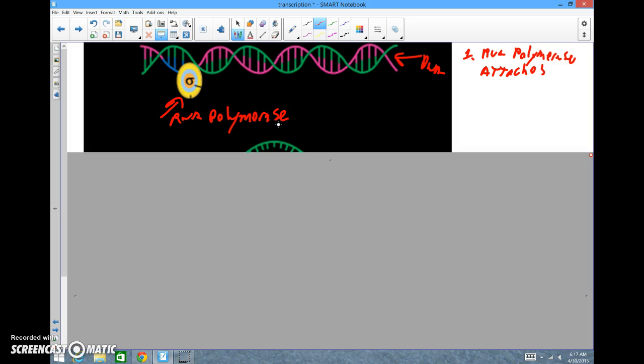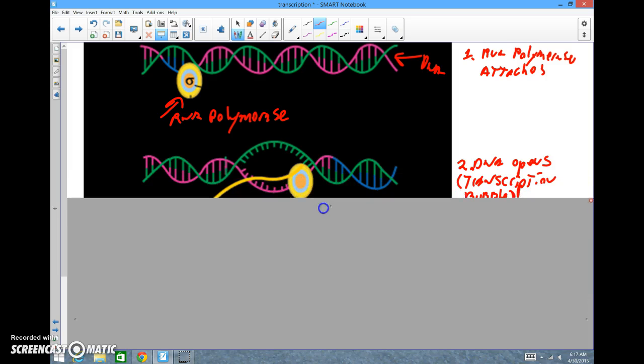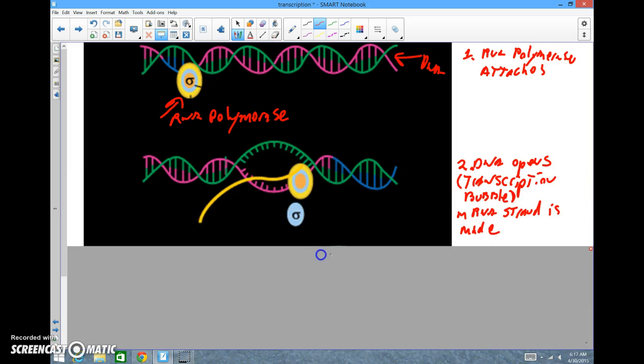Now, there are sections of your DNA that are entirely codes that simply let RNA polymerase know where to attach. We call them promoters or initiation regions. And that's not really key. I just need you to understand that RNA polymerase knows where to attach because sections of your DNA tell it where to. The second step in this process is that the DNA opens up.